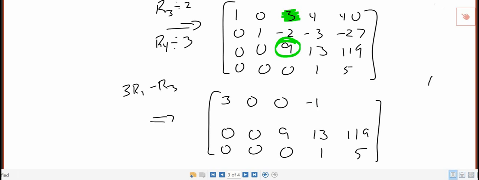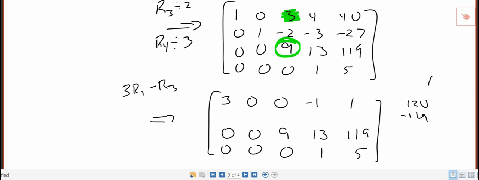And 3 times row 1, that would be 120 minus 119, and that would be a 1 there. So notice I got a 3 up in that top left position. That's all right. I will deal with it at the end. I'll eventually just divide that row by 3 if I need to.